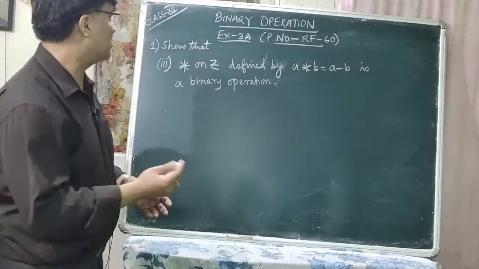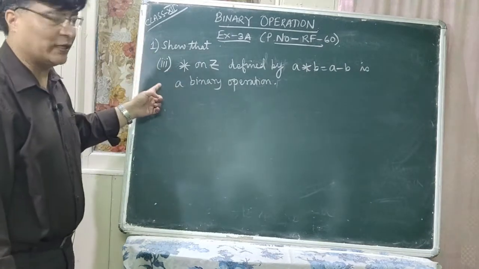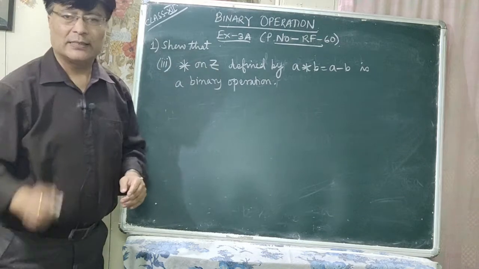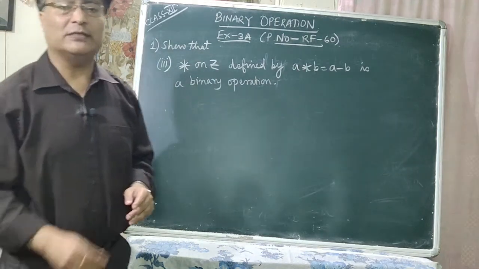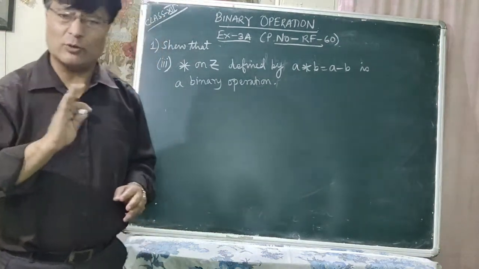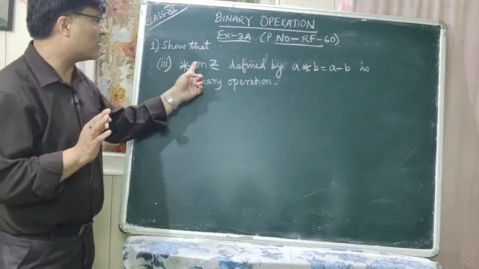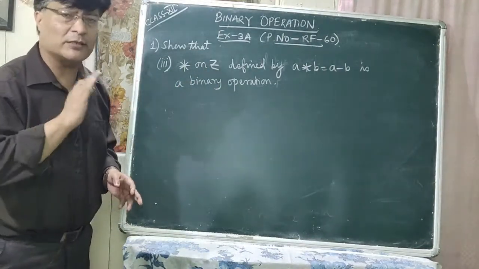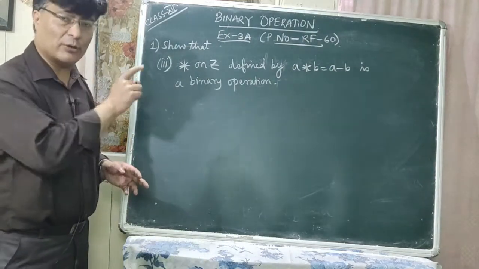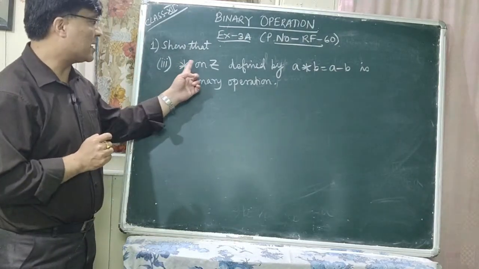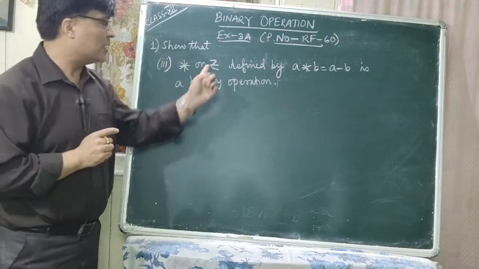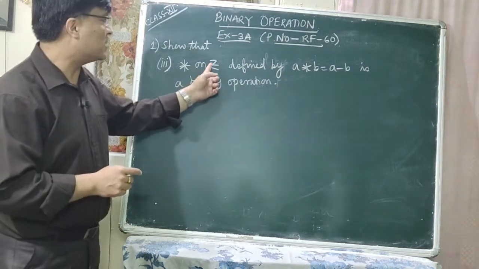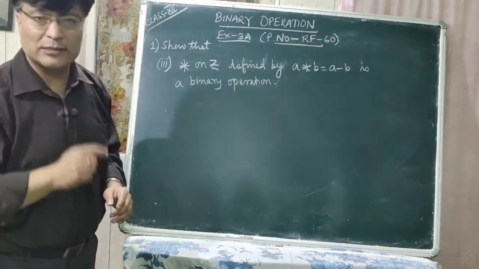So now we'll do the next question, that is number 3. You have to show that this operation star on Z. Z is not only positive integers. Here star on Z means Z is any integer. It may be positive integer, it may be negative integer, including 0 also. Star on Z only means that if Z plus is given, it is the set of positive integers, and Z minus means the set of negative integers.